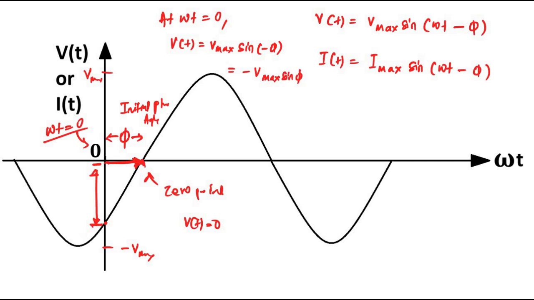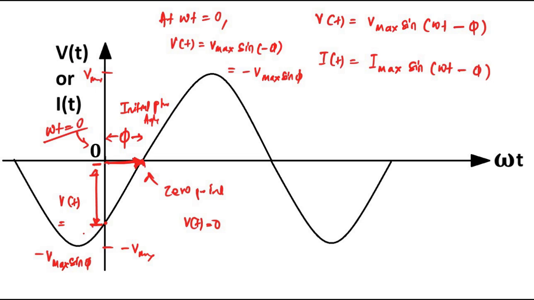This is a negative value, towards the bottom of the magnitude axis. Down means negative. This is the initial value at omega t equal to 0, at the reference point or the origin.